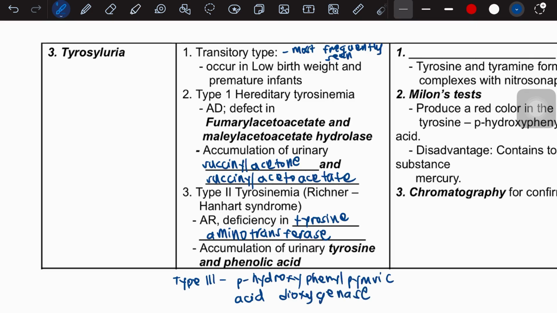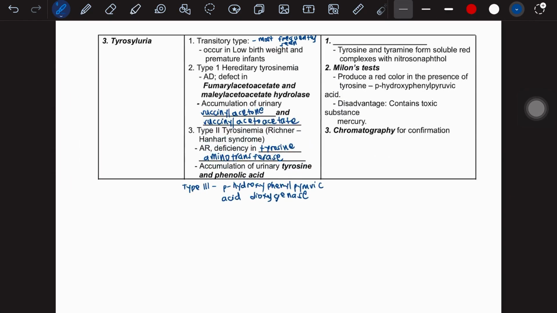So again, for our type 3, that is p-hydroxyphenylpyruvic acid dioxygenase. So, type 3 can result in mental retardation if dietary restrictions of phenylalanine and tyrosine are not implemented.